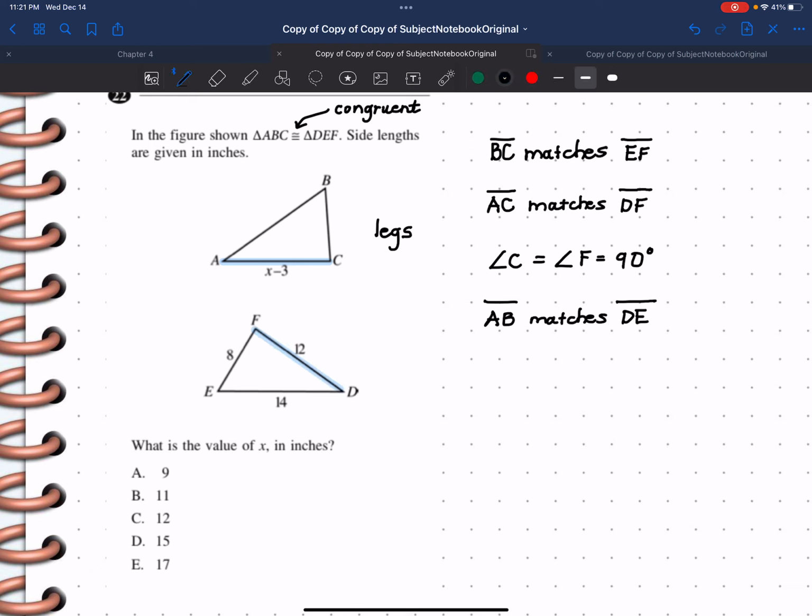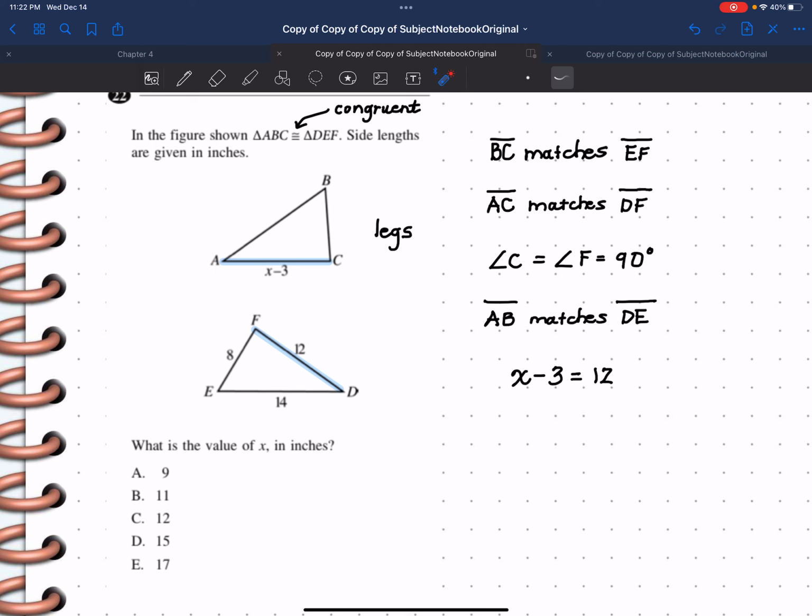So what that's telling me is that X minus 3 is equal to 12. This value and this value are equal because those sides that I've highlighted there are congruent.